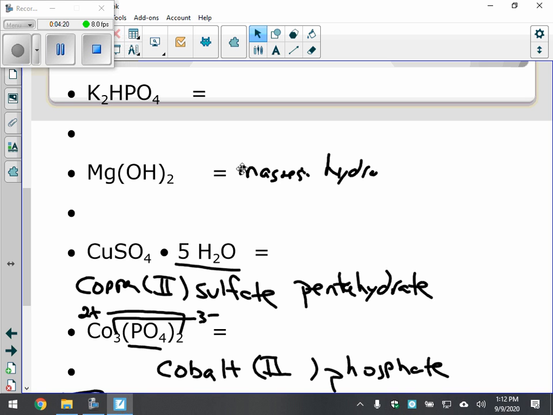I believe it is iron and hydroxide, yes? So let's make sure we have brackets where appropriate, because if we don't have brackets, we're going to run into some issues, yes? So we need to make sure we have brackets where appropriate there. So keep that in mind, right? It should look kind of like this, I guess, is what I'm trying to say, right? Only with iron, of course. All right.